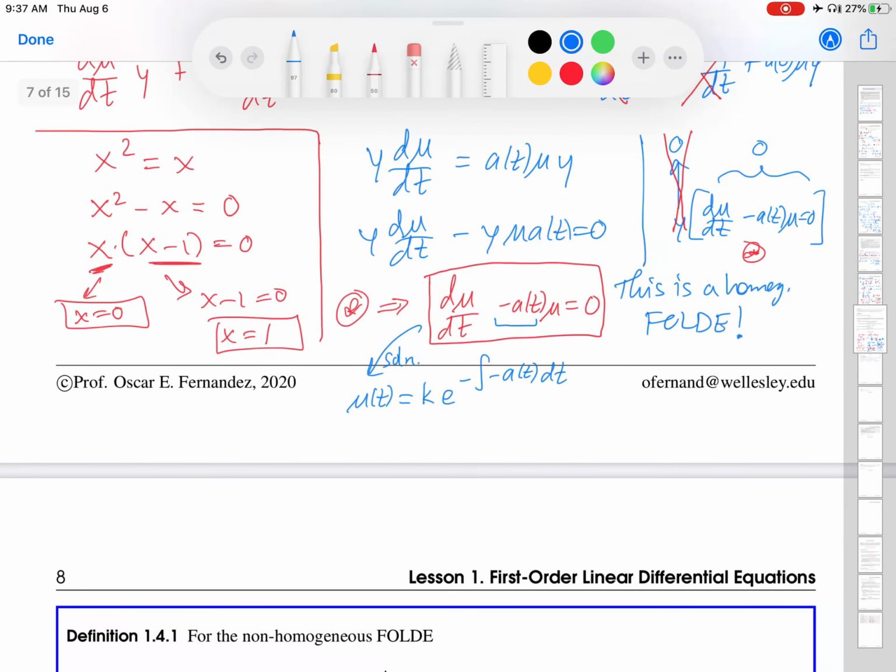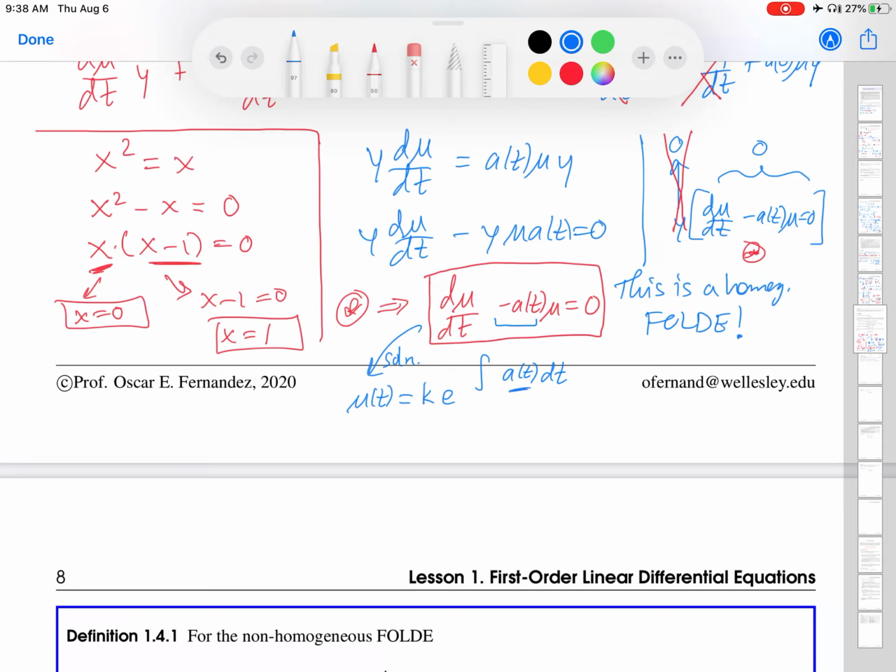Okay, so that's how I get this form for mu. Great. So then the last little thing I'm going to do to simplify this is notice that this minus sign and this minus sign multiply each other and go away. So I'm going to get rid of these. Great.